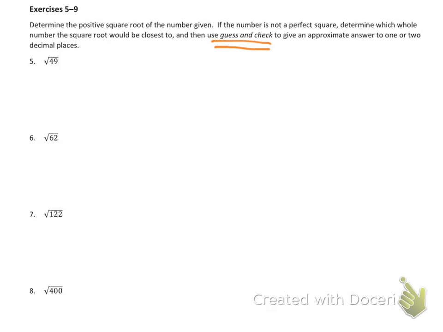Okay, so work on these independently. You can use a calculator to do the guess and check, but don't just use the square root function on your calculator. Not yet, okay? We want to understand these to maybe a greater depth than using the button on your calculator will allow. So pause the video and work on exercises 5 through 8, and then we'll correct them together.